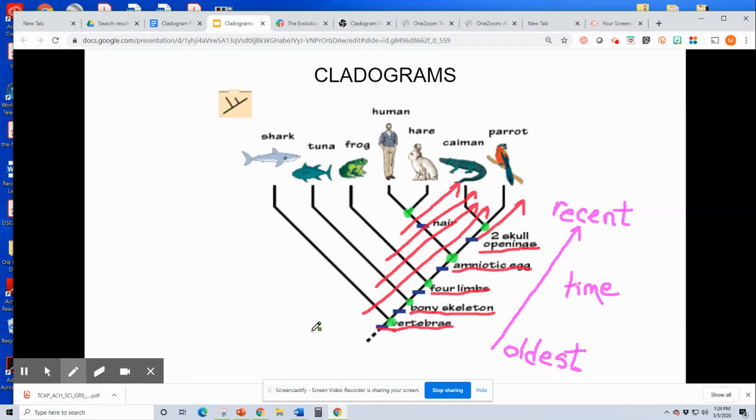But another way to look at that is we also say that if you're looking at some organisms and trying to decide which are the most closely related, the more recent their common ancestor is, the more closely related they are. So let's look at an example, and we'll look at some other examples as well.